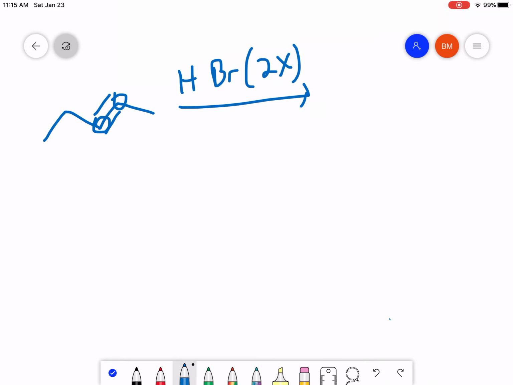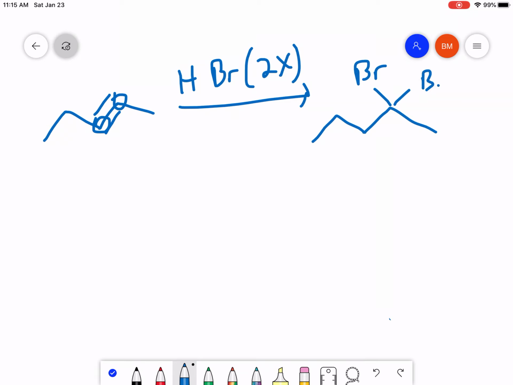So this is going to be one of those cases where you could end up with 2 H's on the middle carbon, 2 Brs on the left-hand carbon, or vice versa, because there's no favorability for either one of them in particular. I'm not going to go through the mechanism here. I think you can probably do that on your own by now.